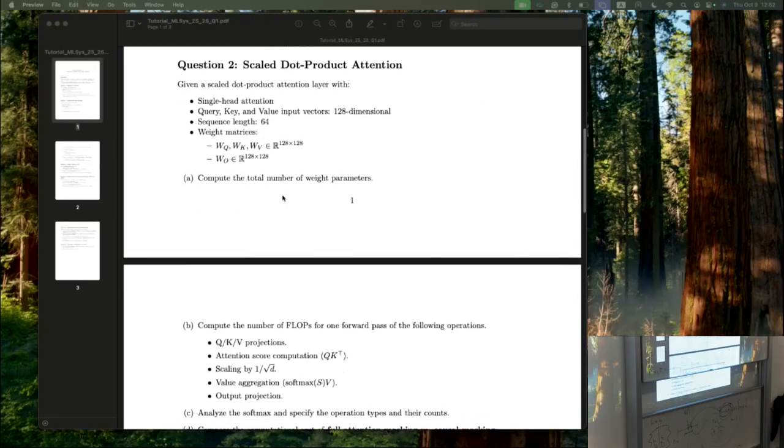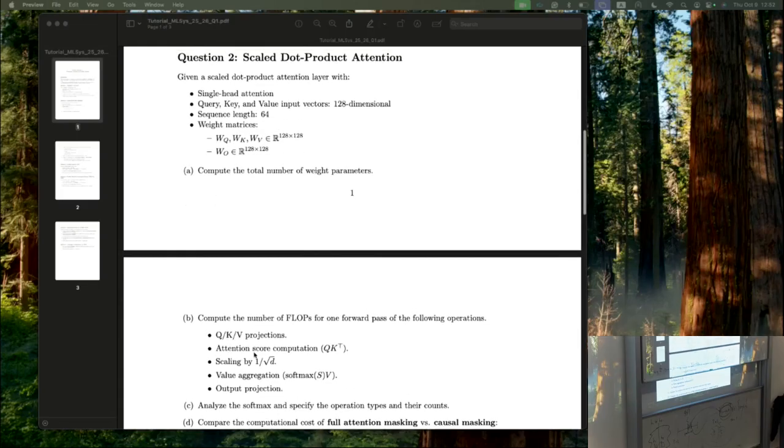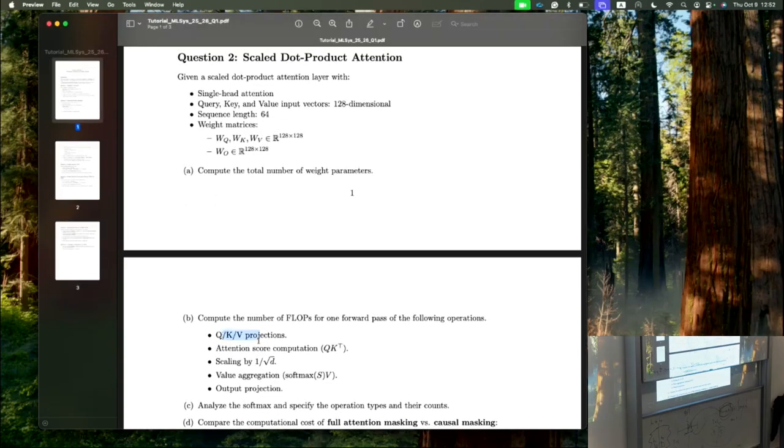How about question 2? The linear projection layer basically has just matrix multiplication, right? So you just need to multiply the dimensions of these matrices to calculate the flops for each of Q, K, V. And this is the same for attention.